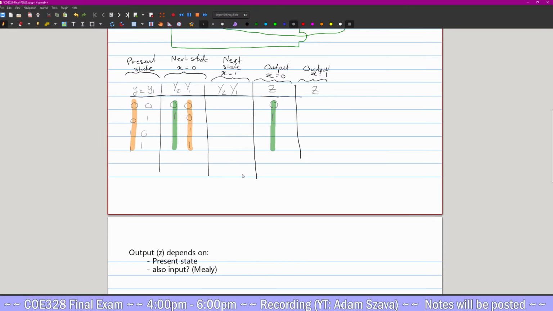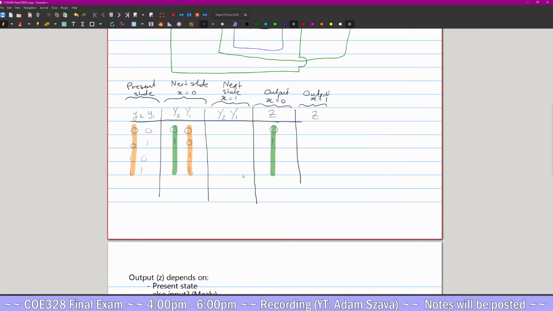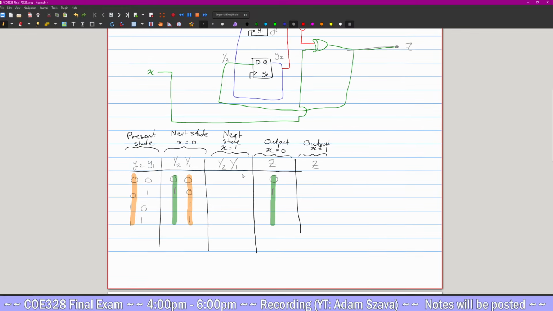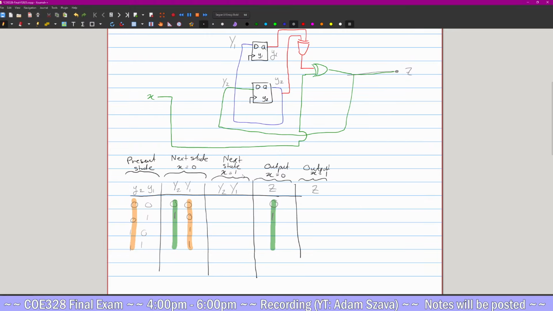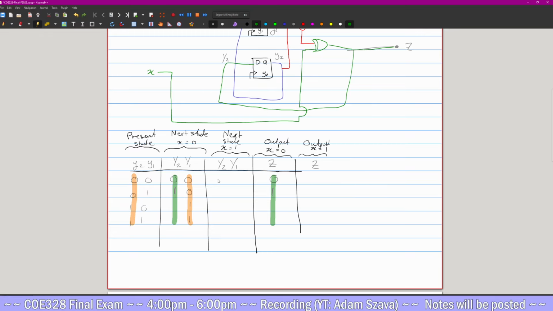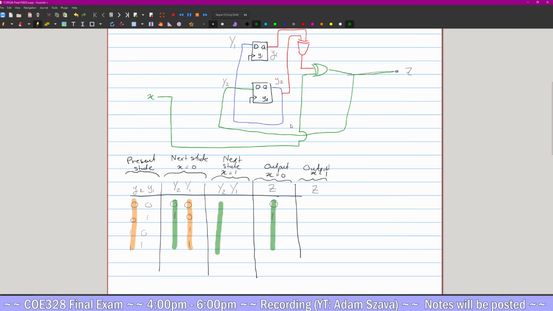I did some color coding on purpose to show that those columns match up. In fact, this column will also just be the green, well, a different green.